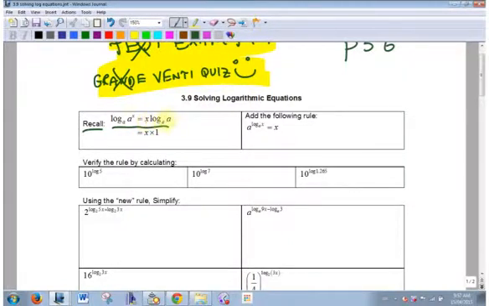And because, well, what? A to the what power equals A? That's 1. That's just x. I don't know if that's something worthwhile memorizing, because it's pretty quick to figure it out.